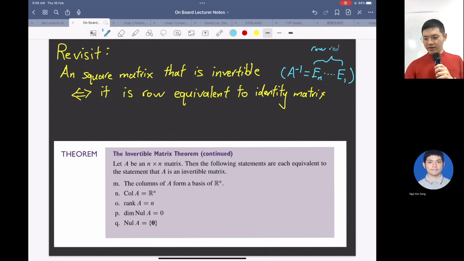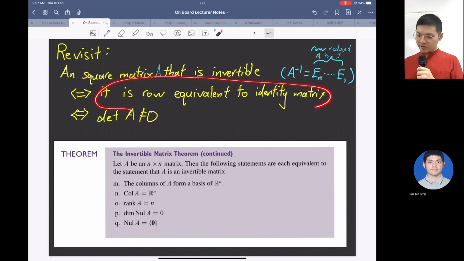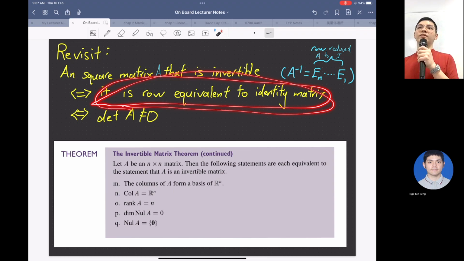Next, yesterday, what did we learn? Determinant. So this is also equivalent to the determinant of A being non-zero. Okay. So from here, you can have further conditions. So if the determinant of A is non-zero, that means the columns of A form a basis of Rn, right? In particular, you can see it from here because it is row equivalent to the identity matrix.